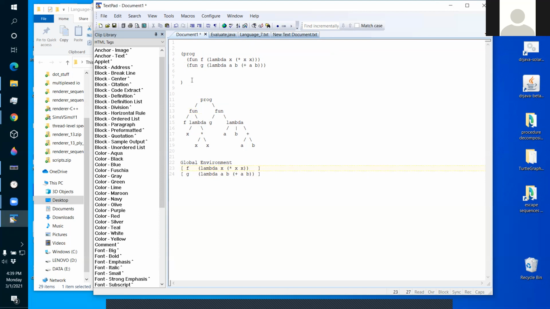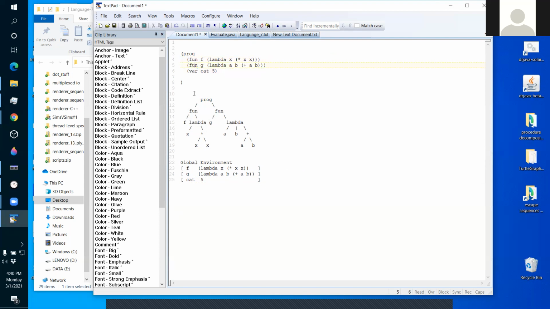Okay, now if the next line of code was cat 5, that creates a variable that would create another thing in the environment, a variable cat with the value 5. Okay, and if there was another line of code, see, the fun puts a function definition into the environment, var puts a variable declaration into the environment.